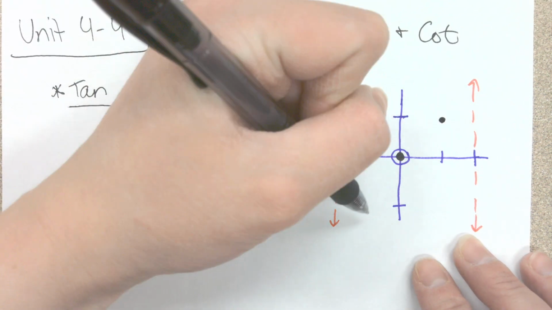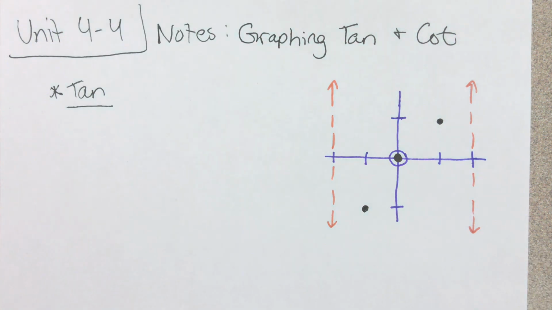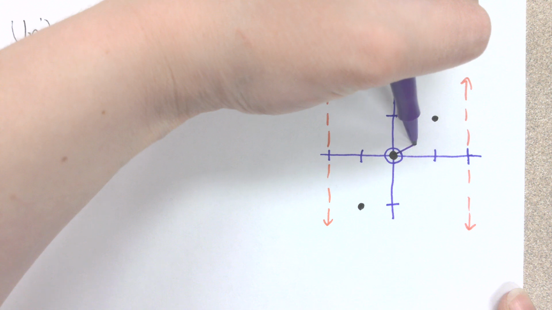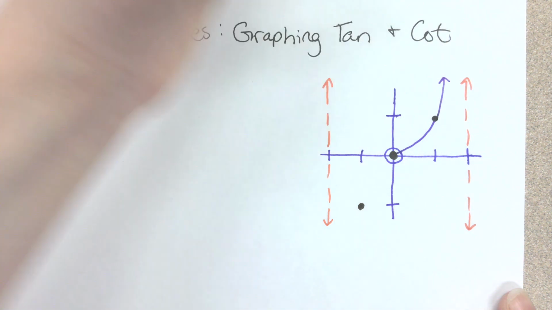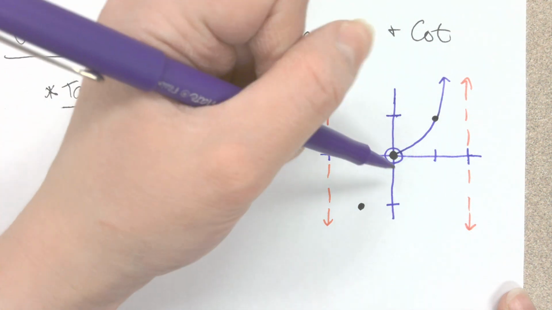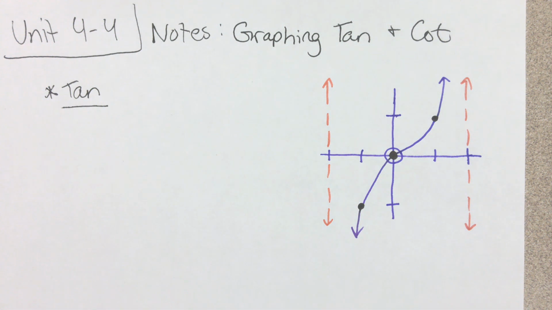And going to the left, we're going to go down to our min. Here's what this curve looks like. You're going to go up to that point, and then you're going to keep going. On the left side, you'll go down to meet that point, and then you'll keep going.